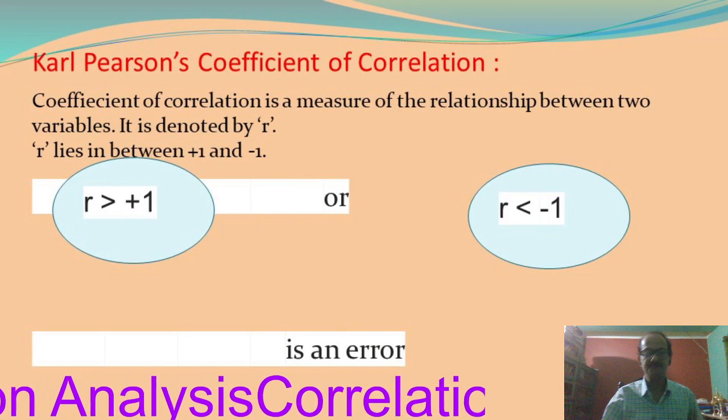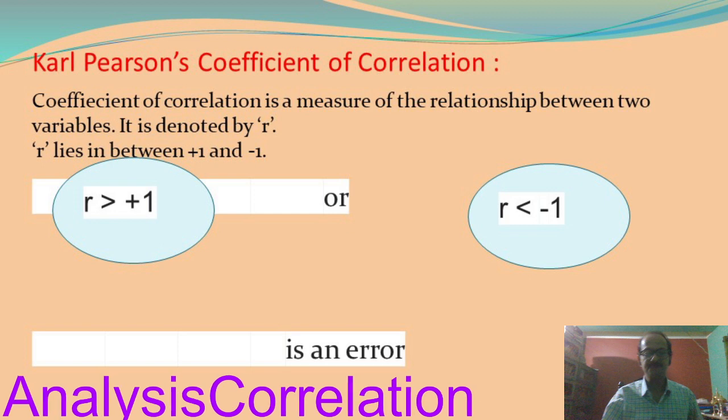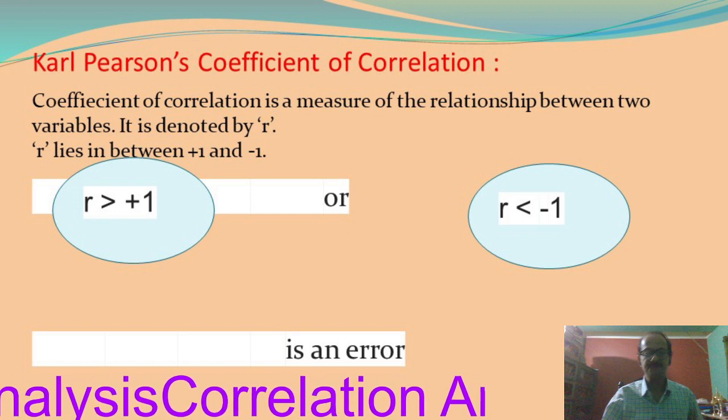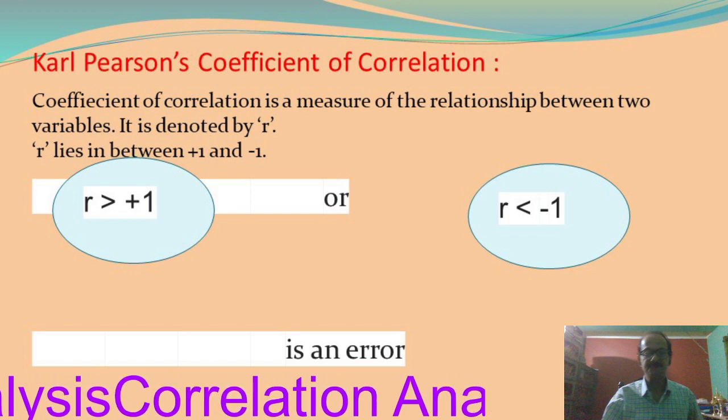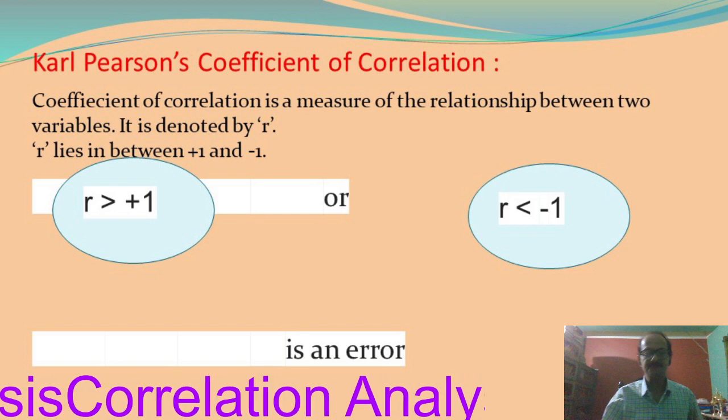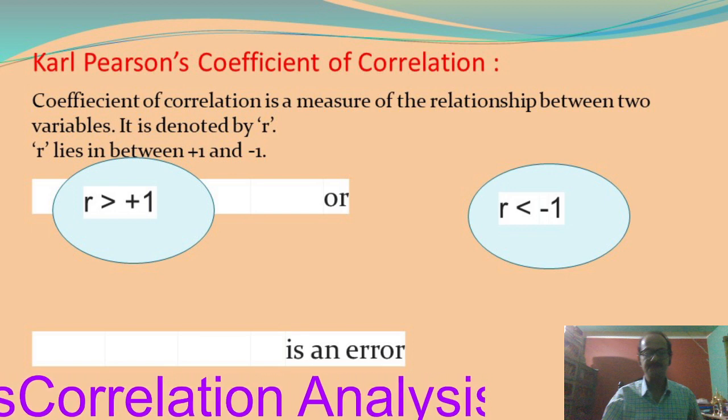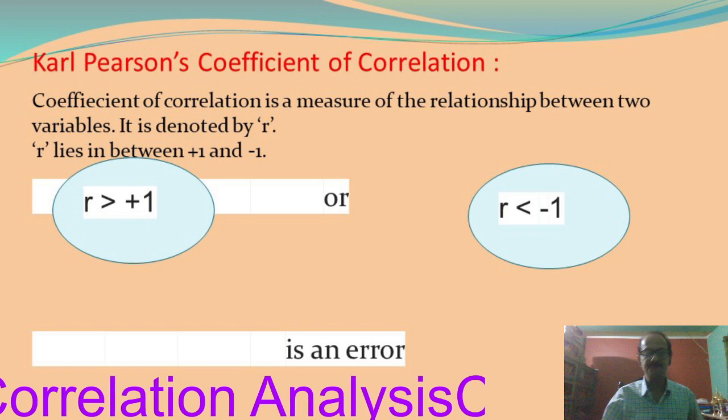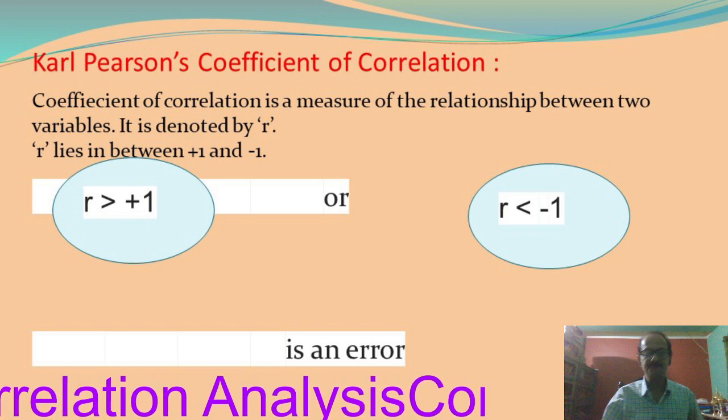Now, the coefficient of correlation. Coefficient of correlation is nothing but the measure of the degree of correlationship. That is, the variables are related to each other, but to what extent?